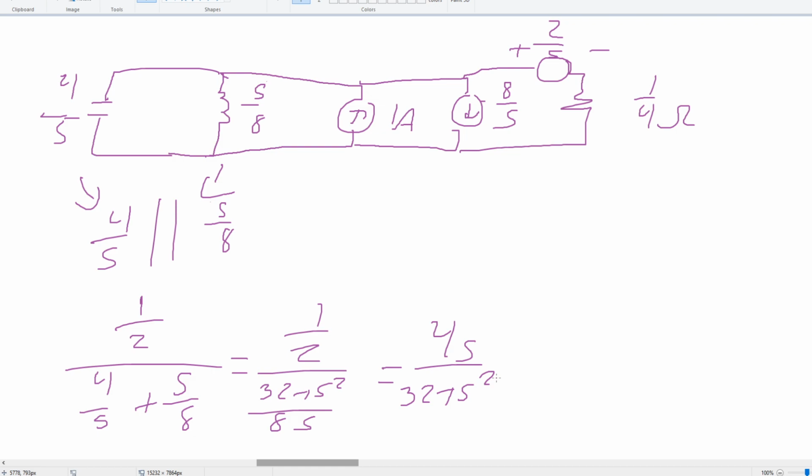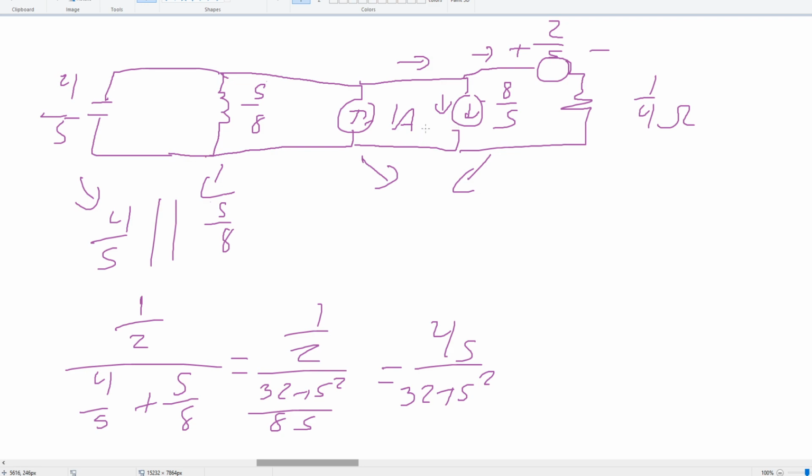Once you find that, okay, you also have to find the combination of these two. This is very simple. How do you find the combination of these two? Okay, so this current is coming in. This is just KCL. This current is coming out, and it's going into here, we'll say, right?